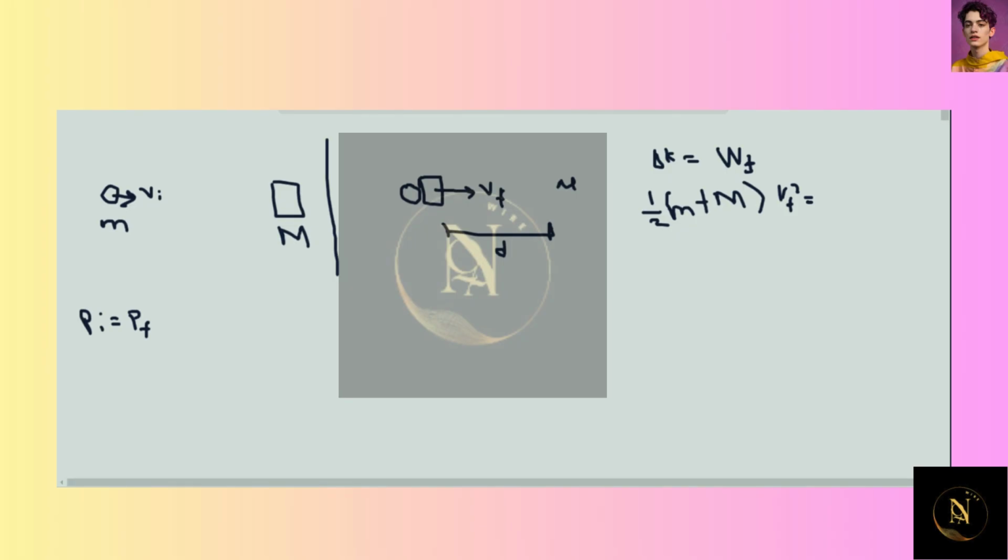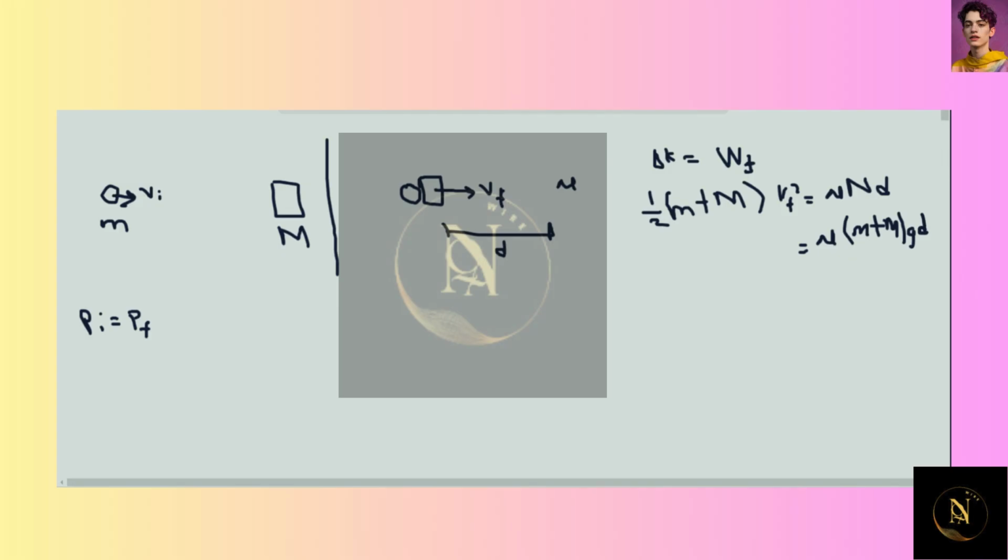The force is the frictional force, mu times the normal force, times d. The normal force is opposite gravity for the system, so it's just (m plus M) times g, times d.